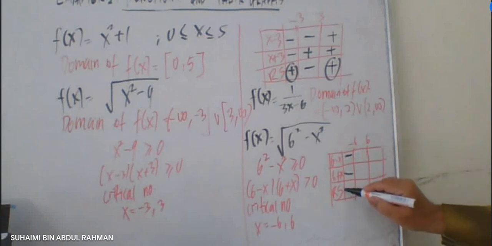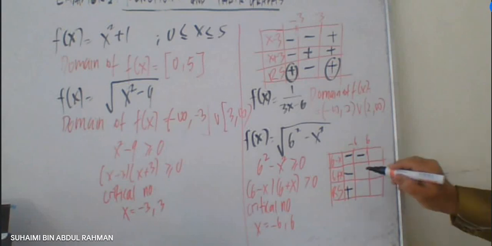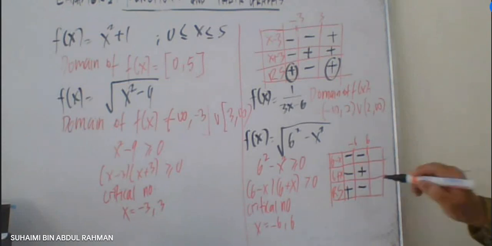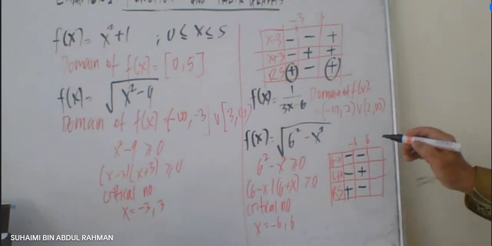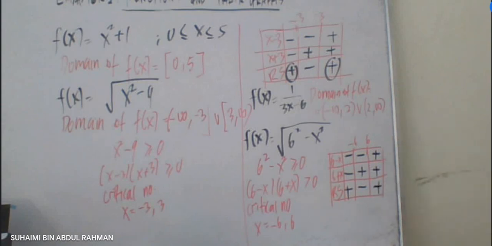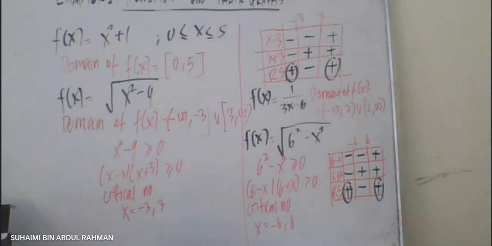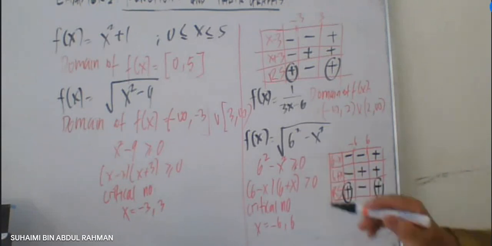So negative and negative, positive. And between minus 6 and 6, negative. Positive. Negative. More than 6, positive. And positive. Which one do we want? Either positive or negative? Positive. Why do we want positive? Because the sign here is greater than 0.